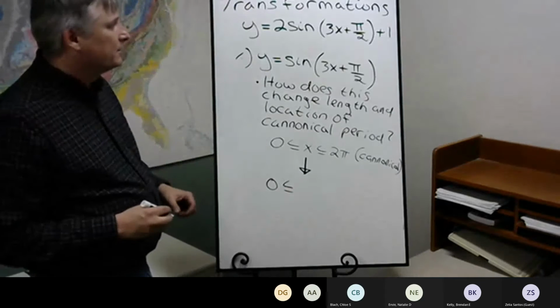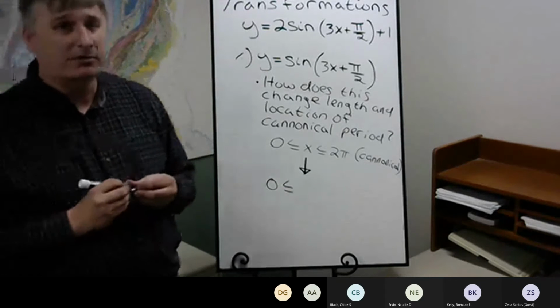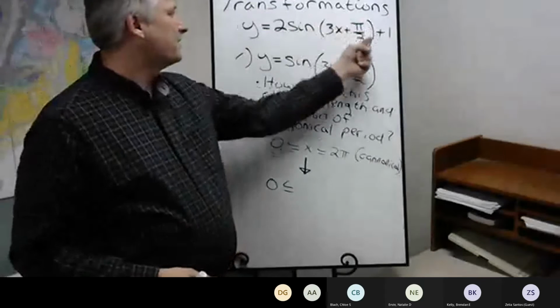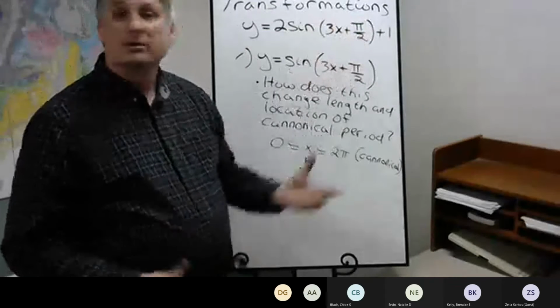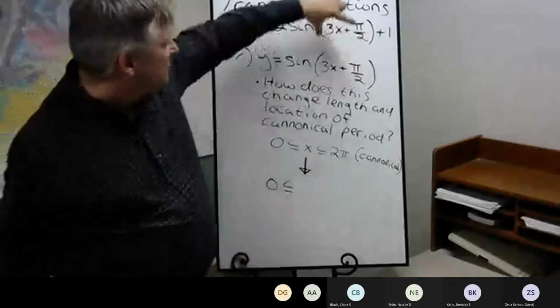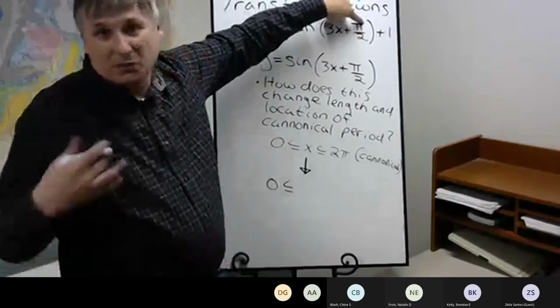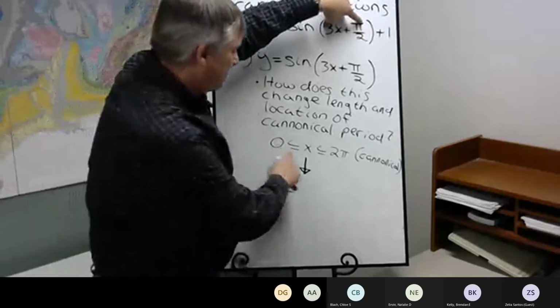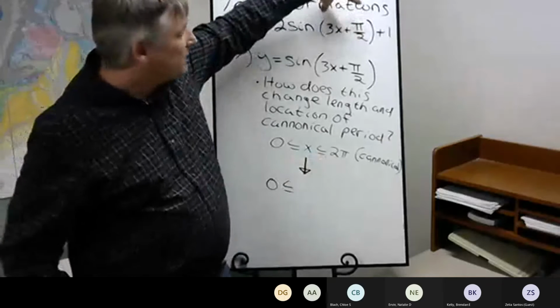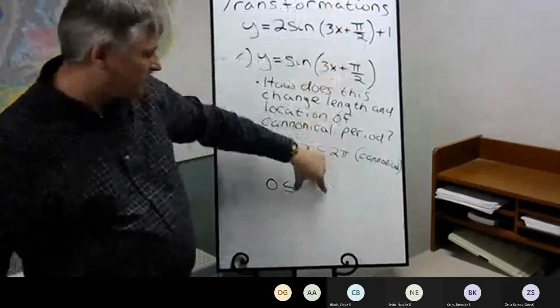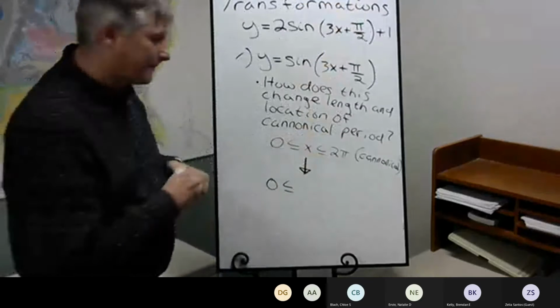Inside the canonical period, because usually when we graph the canonical period, this entire thing is going to be x. So we're going to take this entire thing, and when this entire thing is just x or theta, it's between 0 and 2 pi. So we're going to take this entire thing and insert it between 0 and 2 pi.